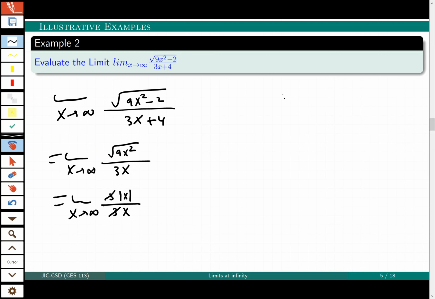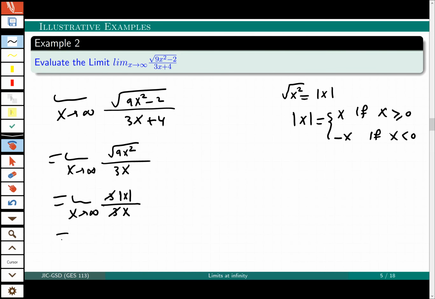Remember, always square root of x squared is absolute value of x, and in math one we say the absolute value of x would be x if x is positive, and negative x if x is smaller than 0. Since we are at plus infinity, our x is positive, so absolute value of x is equal to x, and x over x will be 1.